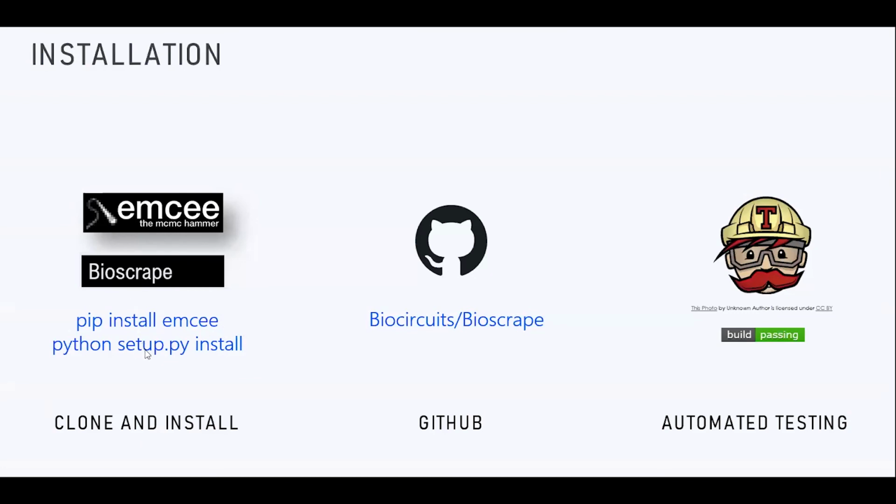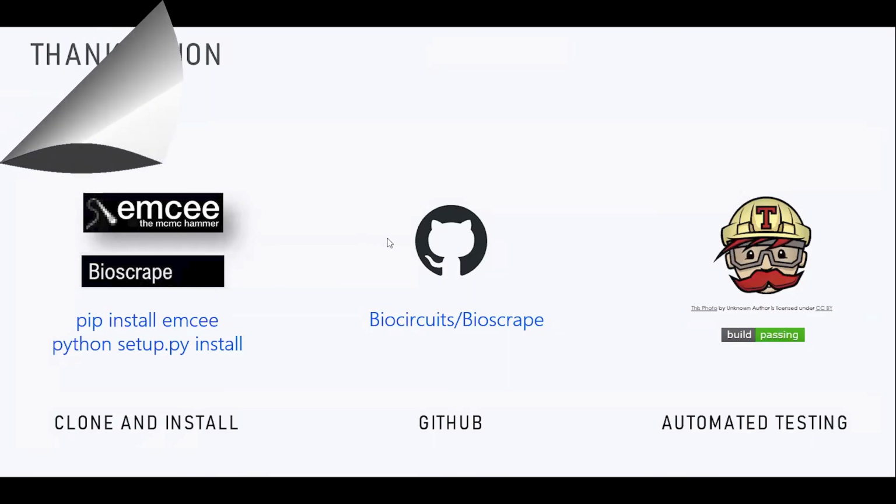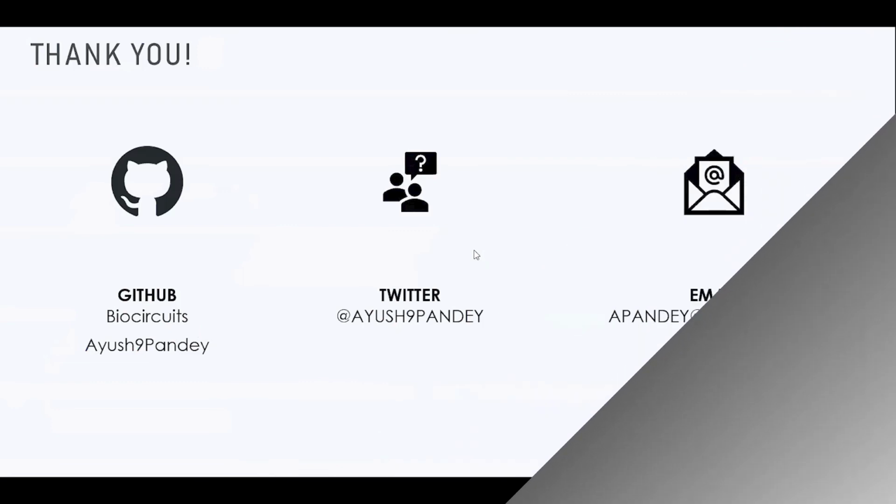For Bioscrape, whether you have it installed already or not, just go to the biocircuits/bioscrape GitHub and clone the repository over there and run python setup.py install to install the software package. Then you'll be ready to run all the Jupyter notebooks that we will be using for the demonstration next.